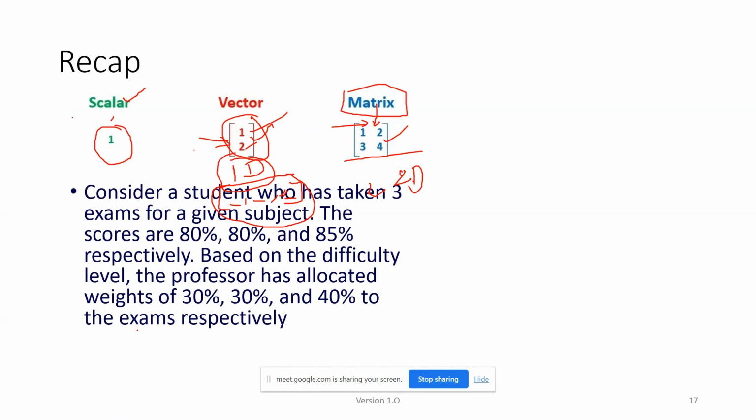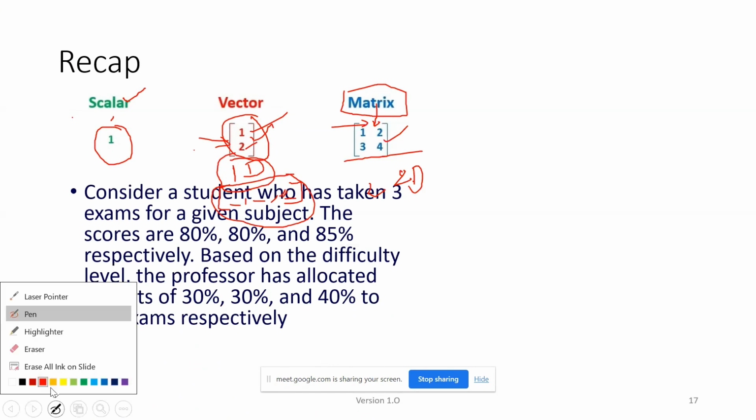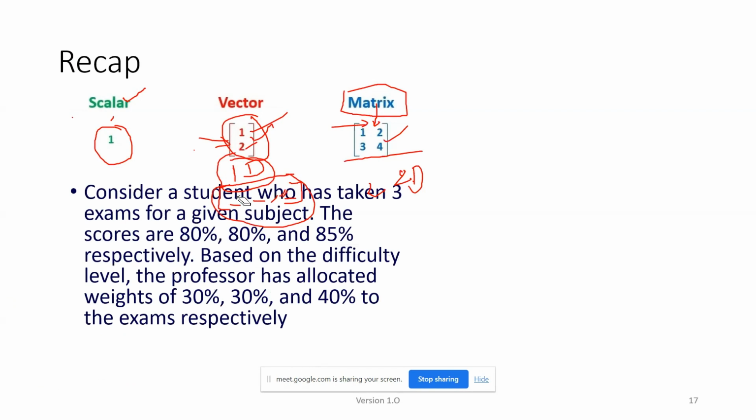Now I would like to take an example of how we apply these things. See this example. Consider a student's marks in his exam. His marks for 3 subjects are 80%, 80% again, and 85%.